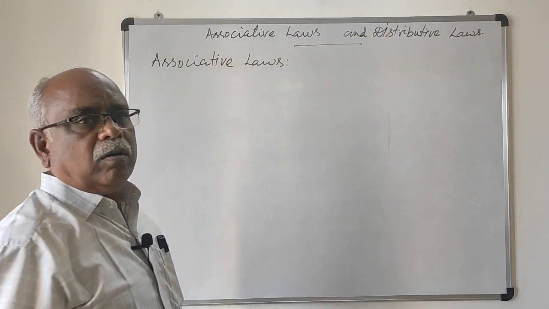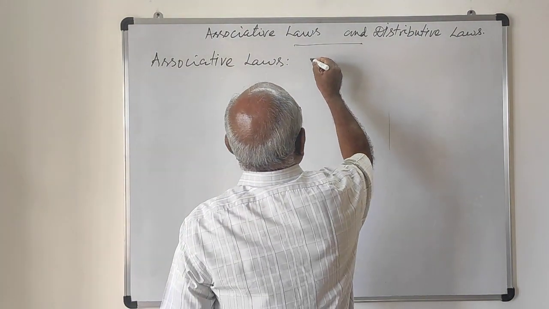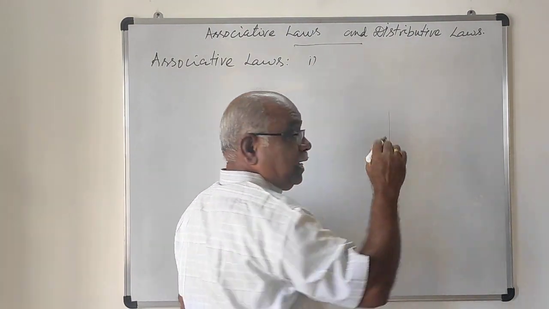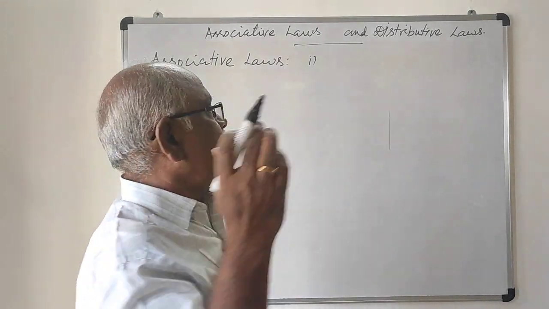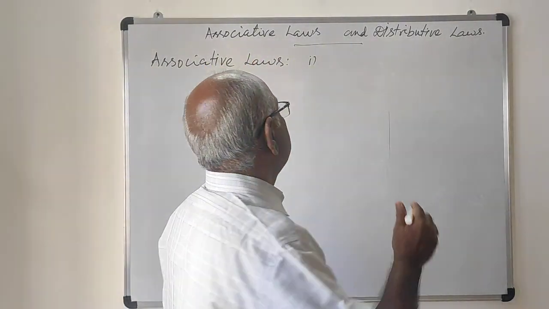If P and Q are any two statements, then P, Q and R are any three statements. We have distributive law and associative law, we have to use three statements.